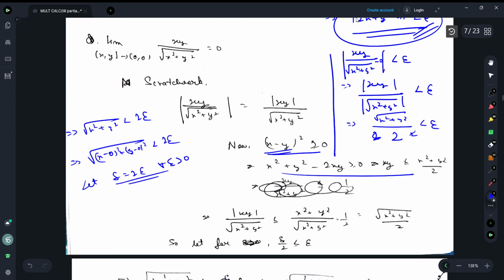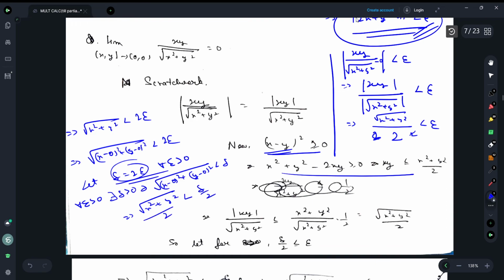If we take this into consideration, then we can obviously say that for all epsilon greater than 0, there exists a delta greater than 0 by this definition, such that root over of x minus 0 whole square plus y minus 0 whole square is less than delta implies root over of x square plus y square by 2 is less than delta by 2.